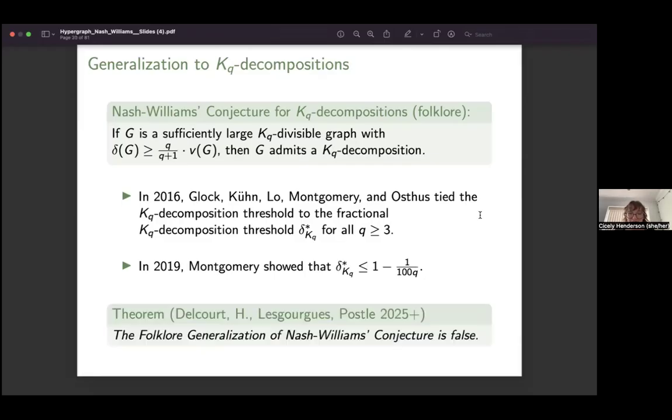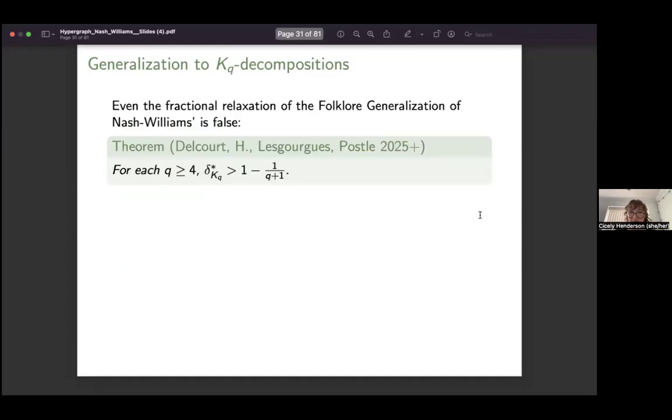Unfortunately, in 2025, we showed that the folklore generalization of the Nash-Williams conjecture is false. In fact, even the fractional relaxation of the folklore generalization is false. We showed that for each Q at least 4, the fractional threshold is strictly greater than 1 minus 1 over Q plus 1.